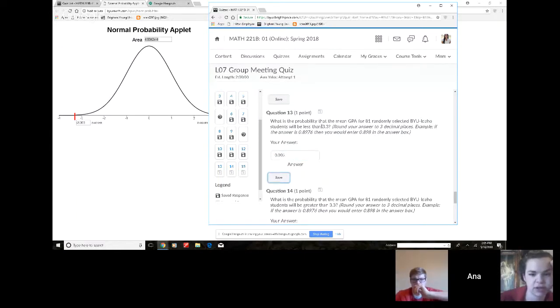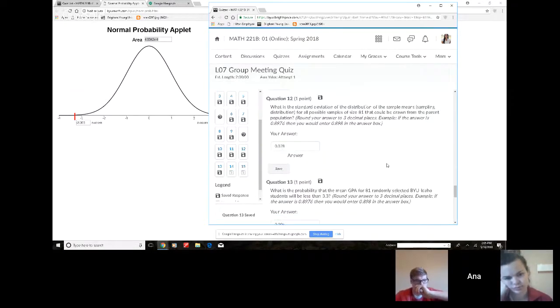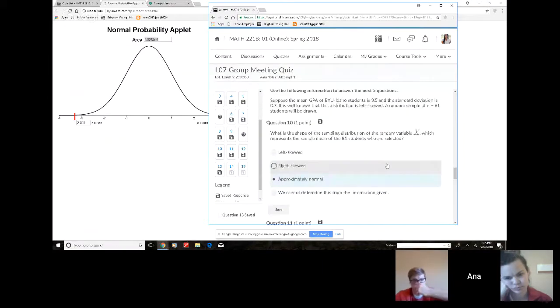I wonder if it's the Z-score with 3.3 instead of 3.5, and then you put the Z-score here, because we haven't seen that 3.3 before. We have seen 3.5. That makes sense?